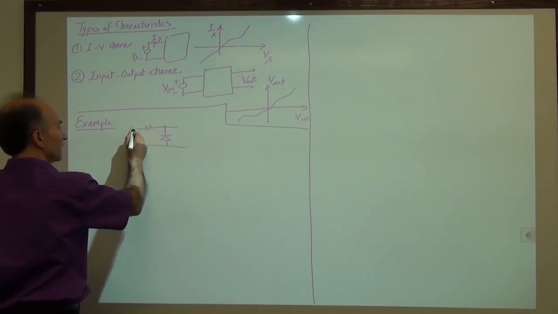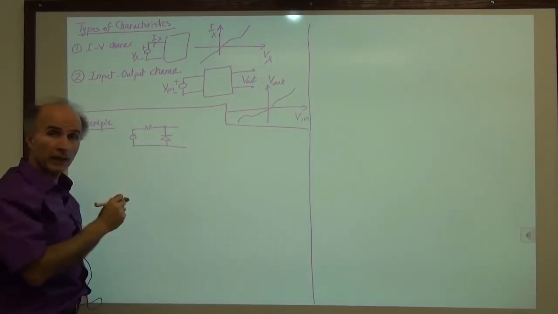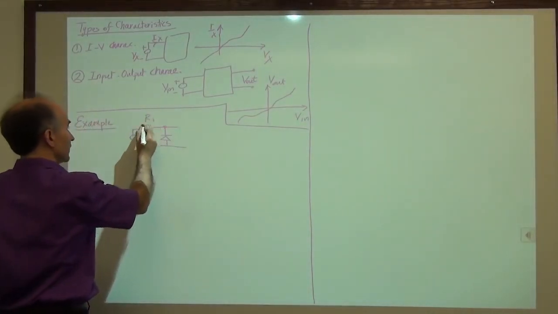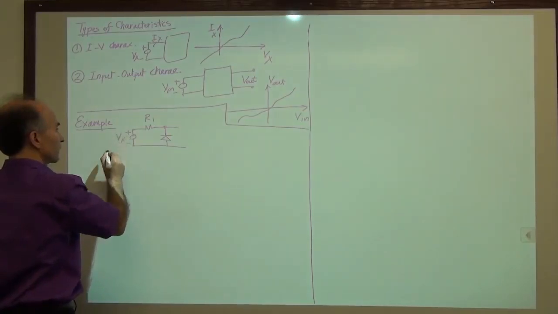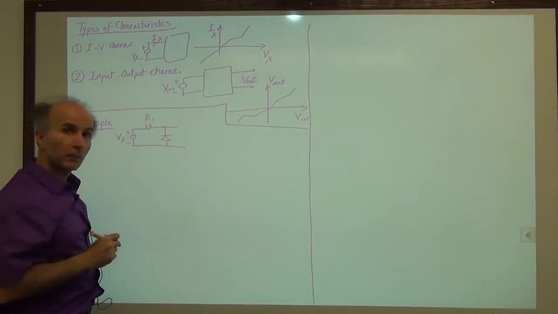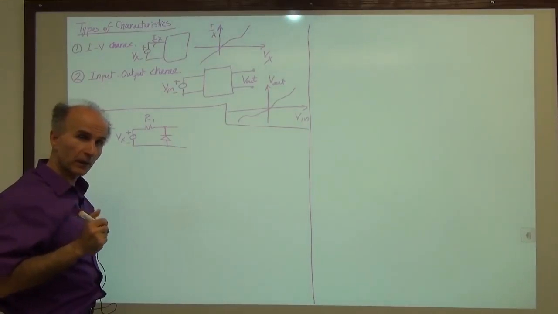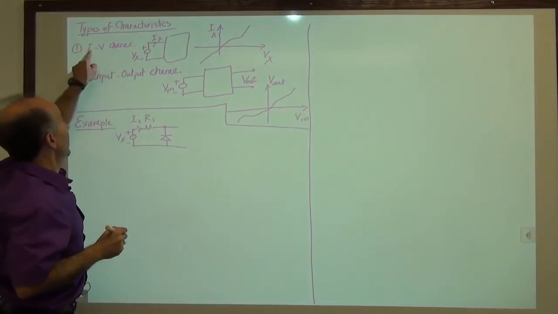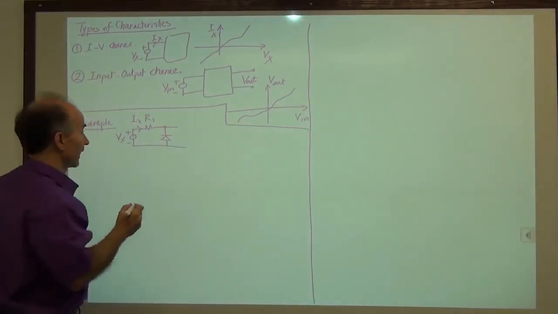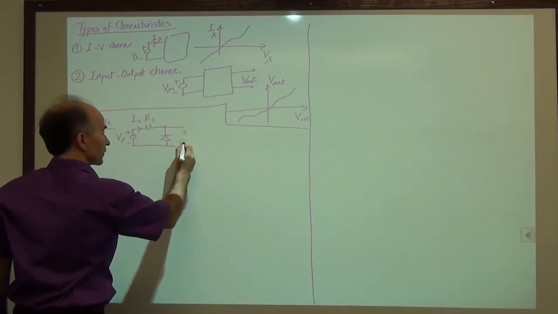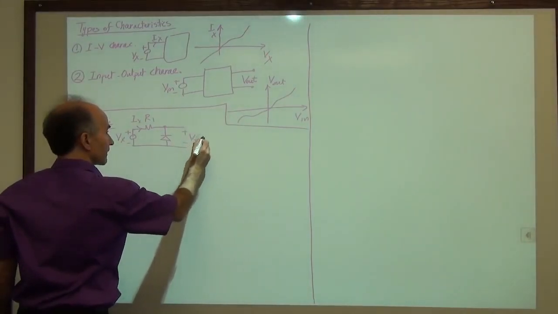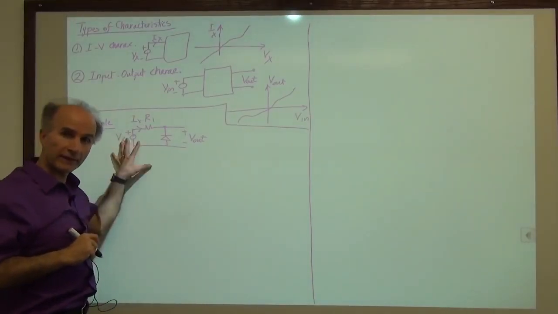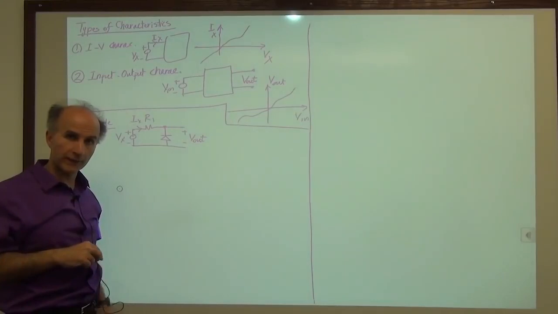We still keep the diode as ideal, according to the ideal model, and we have a resistor here, we have a voltage, and we would like to plot two parameters here. Number one, Ix as a function of Vx, so that's an IV characteristic, and number two, this voltage Vout as a function of Vx. So I will give you 90 seconds to think about this example. This is our quiz today.